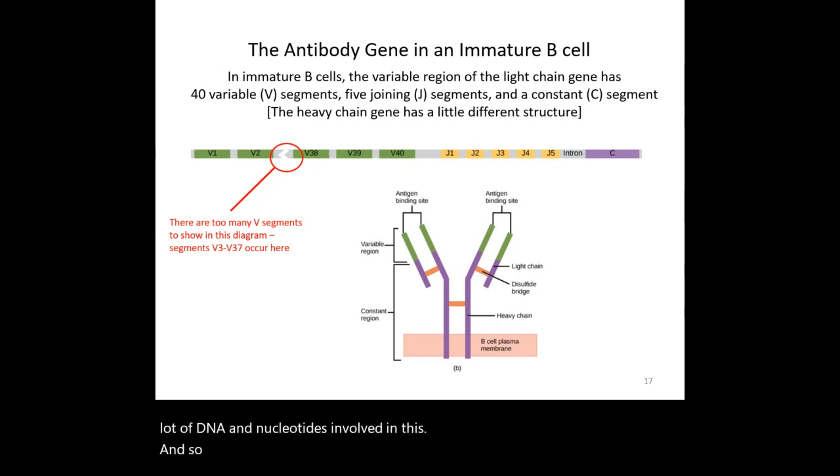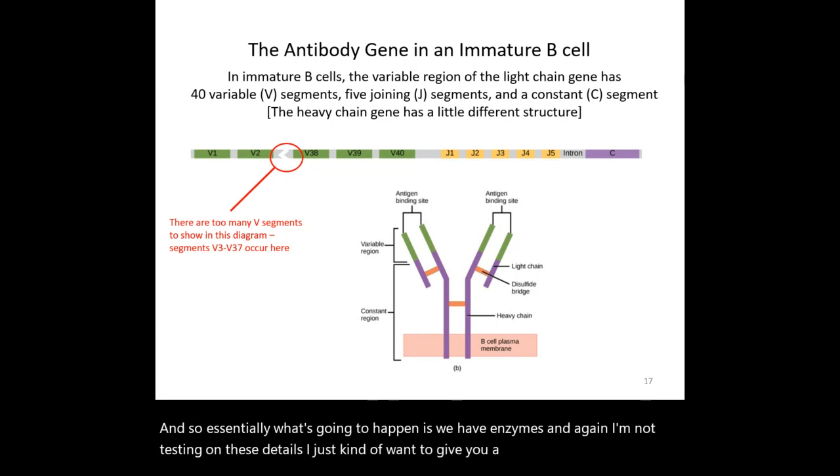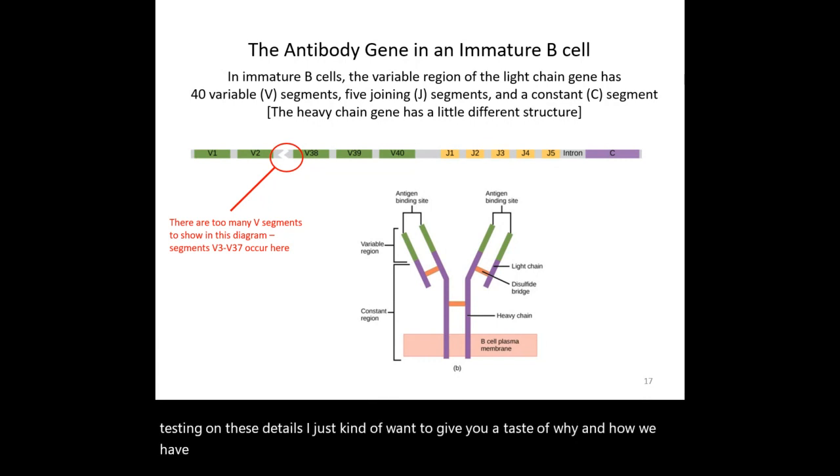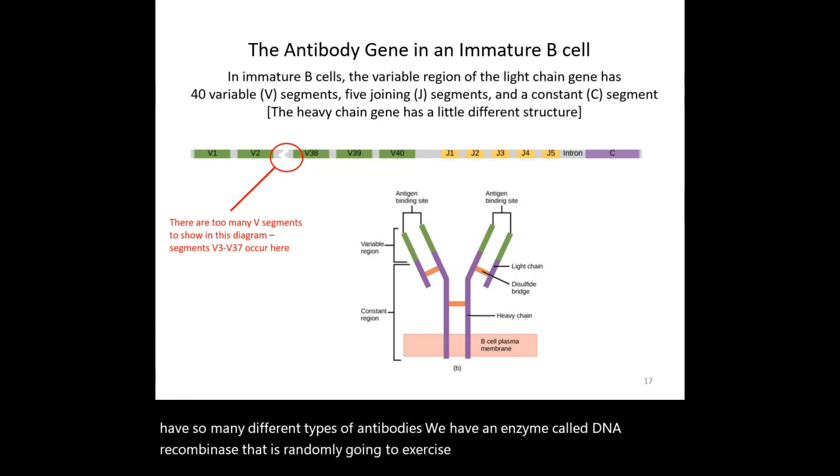And so essentially, what's going to happen is we have enzymes. And again, I'm not testing you on these details. I just kind of want to give you a taste of why and how we have so many different types of antibodies. We have an enzyme called DNA recombinase that is randomly going to excise or remove a lot of those segments out of the gene.